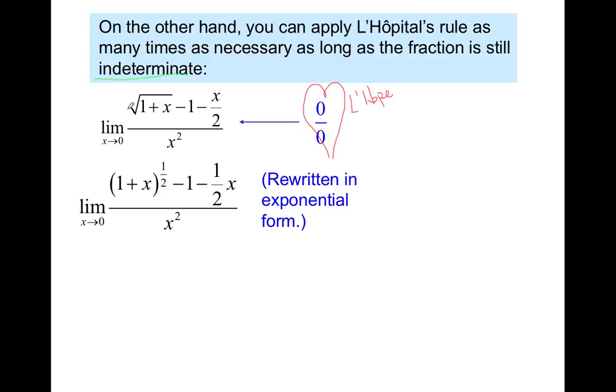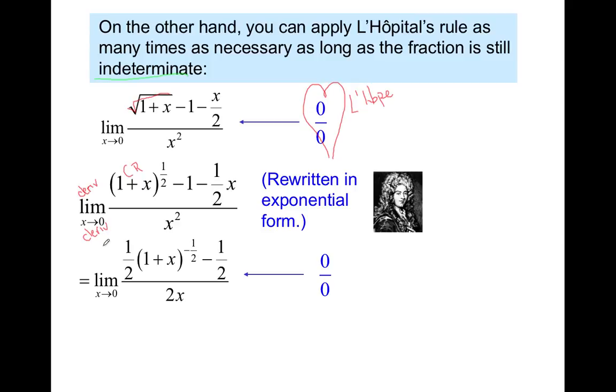I just took this radical and wrote it as 1/2. I'm going to have to chain rule this because I'm going to take the derivative of the numerator and the derivative of the denominator and then re-plug in. Here we go. So I brought the 1/2 down.